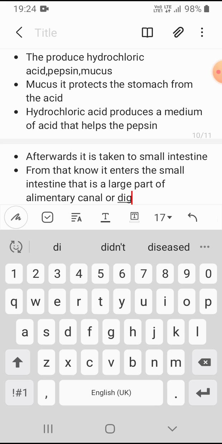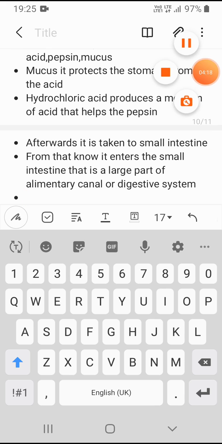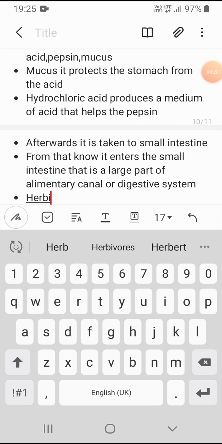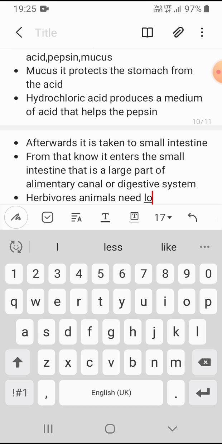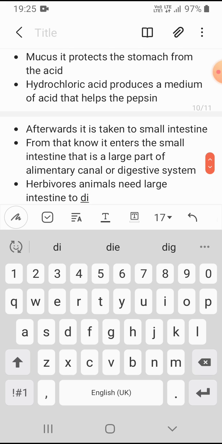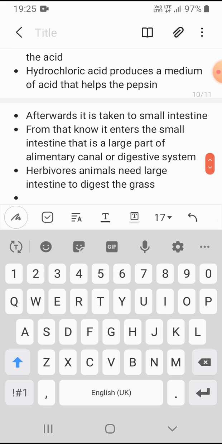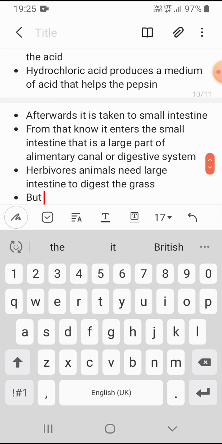Herbivorous animals need a large intestine to digest the grass or food, because to digest it they need more intestine and more power.